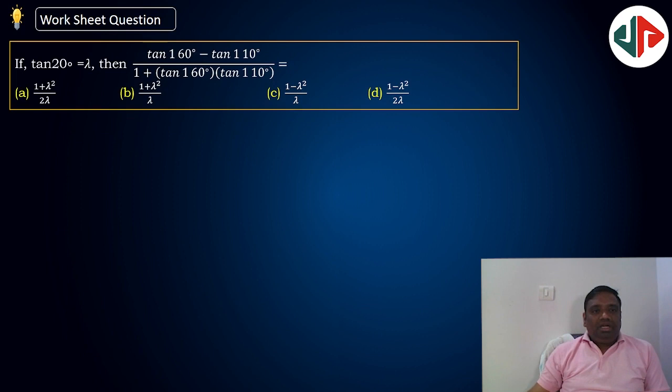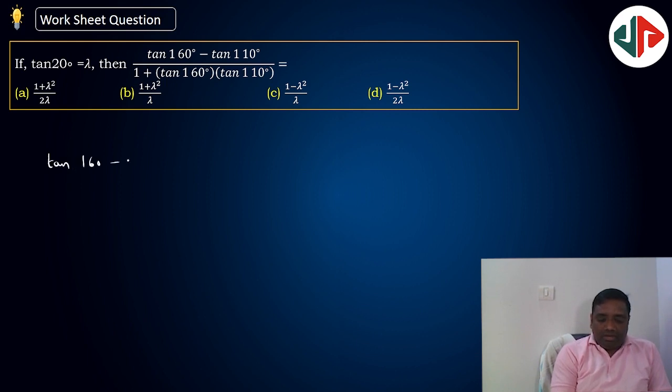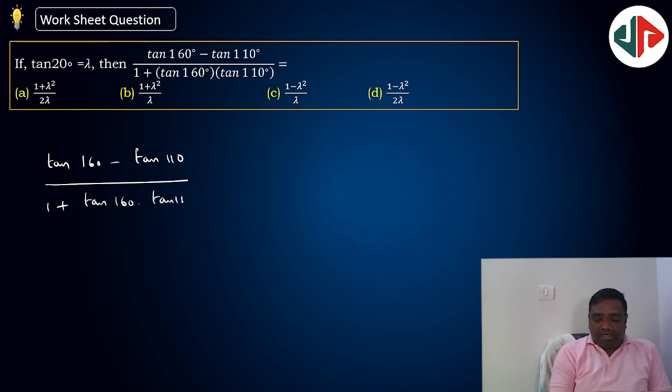Now tan 20 degrees is equal to lambda, given. Then what is the value of tan of 160 degrees minus tan of 110 degrees by 1 plus tan of 160 degrees into tan of 110 degrees? Tan 160 means what can I write? Minus tan 20 only. And this we can write as minus of minus cot 20 degrees.